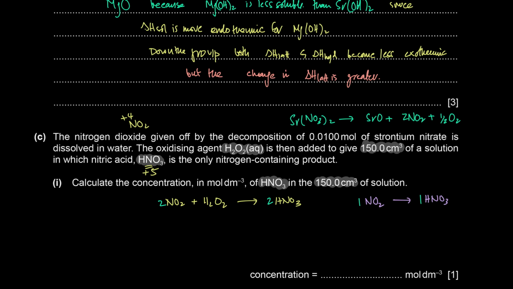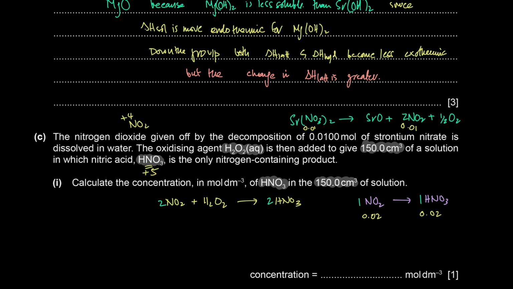We know that 0.02 moles of nitrogen dioxide will be produced. So if you have 0.02 moles of nitrogen dioxide, then how many moles of nitric acid must be produced? 0.02 moles. Again, if you can't construct the equation, it doesn't matter. Even if you know the molar ratio of nitrogen dioxide and nitric acid, that would be acceptable, okay?